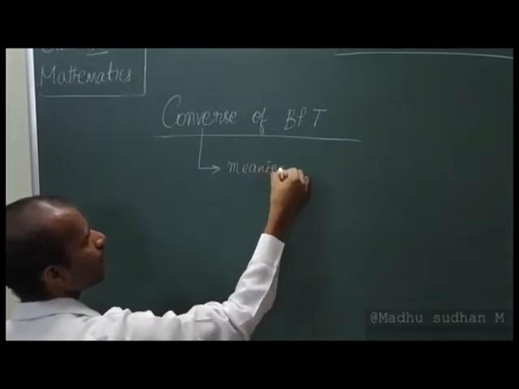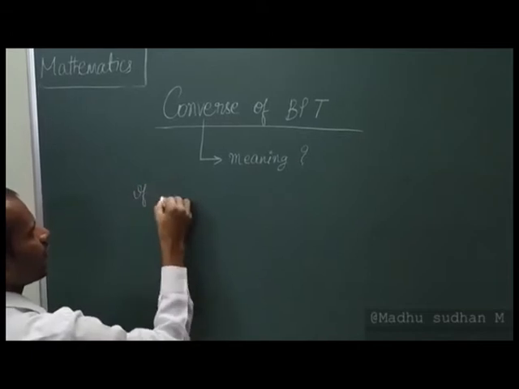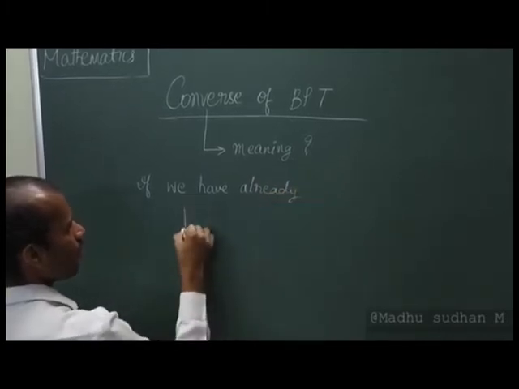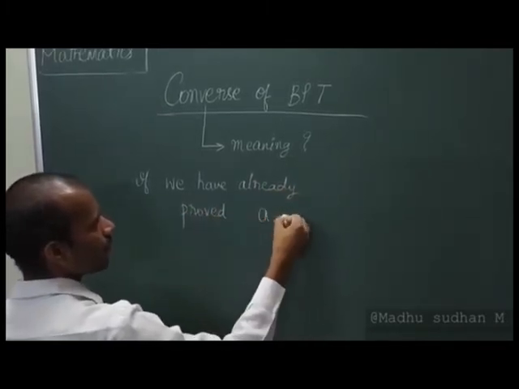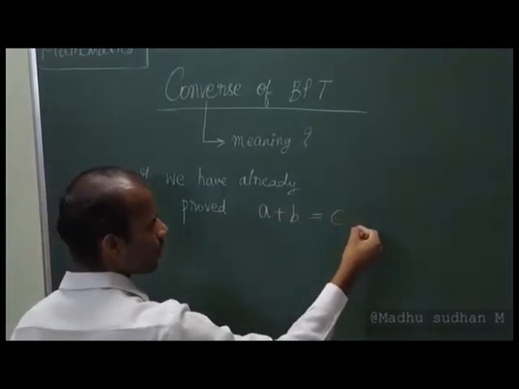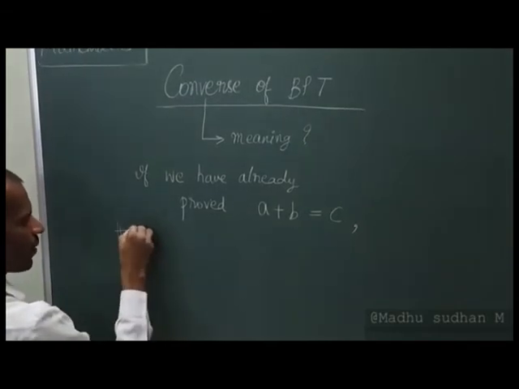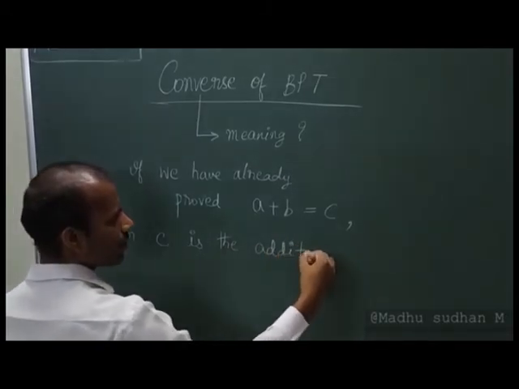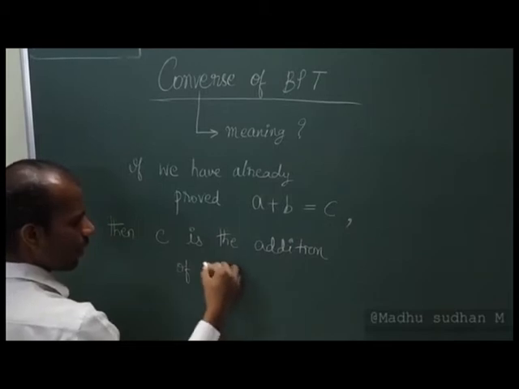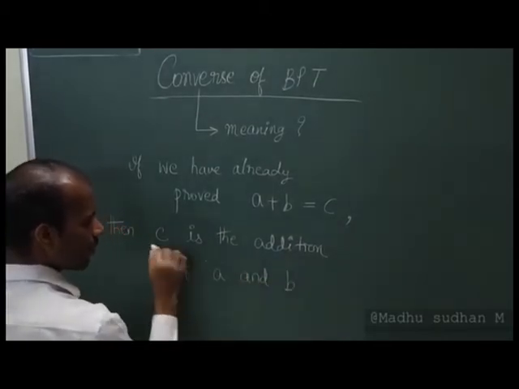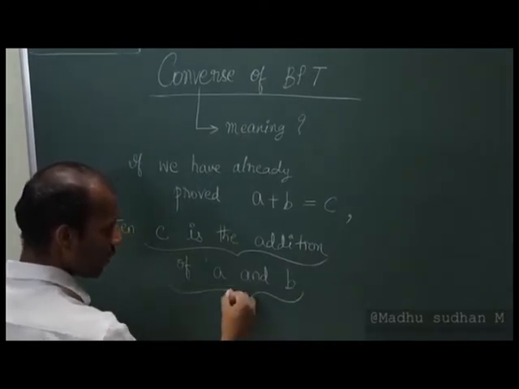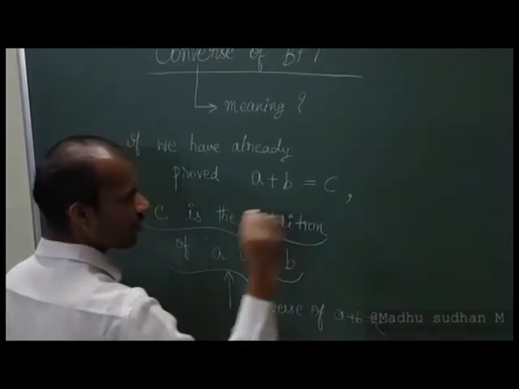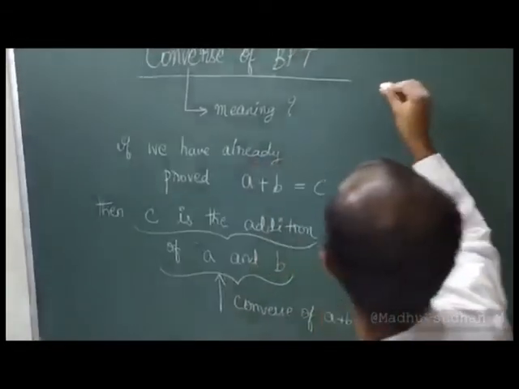If we have already proved A plus B is equal to C, then if I write that C is the addition of A and B, this is called the converse of A plus B equal to C. Followed it? Then now moving to the converse of BPT here.